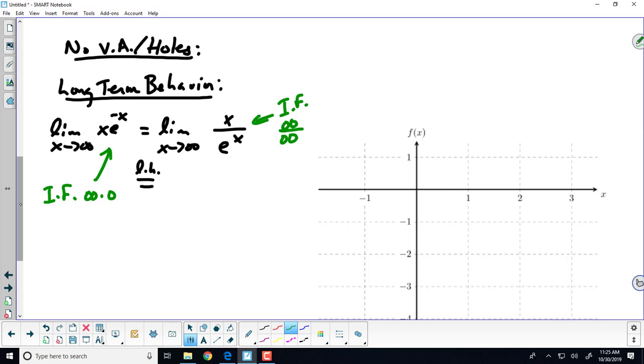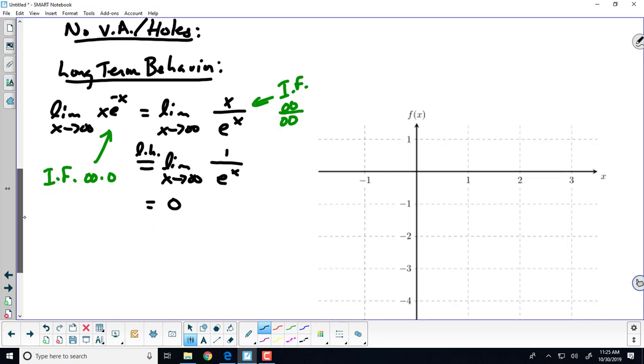I made a big deal about that in the pre-work videos. So we apply L'Hopital's rule, and we're left with the limit as x approaches infinity of 1 over e to the x. And so what does this limit come out to be? 0. Do you see why we couldn't do this particular graph until today? We needed L'Hopital's rule to explore the long-term behavior.